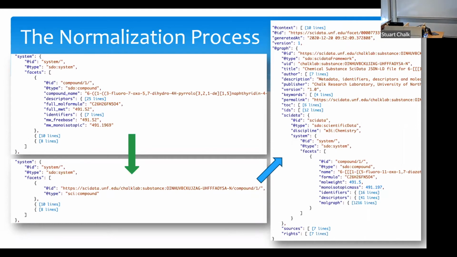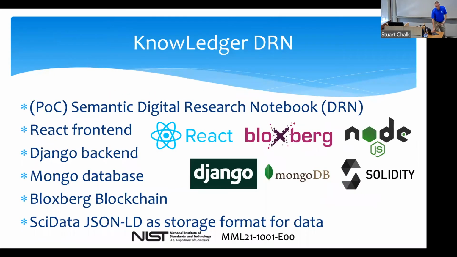In this case, this is an ID that points directly into this particular section right down here, into compound 1. We've rephrased that now as substance 1 rather than compound 1, because substance is more generic, but that's the example I have here. So there's a lot going on here other than just generating these JSON-LD documents.